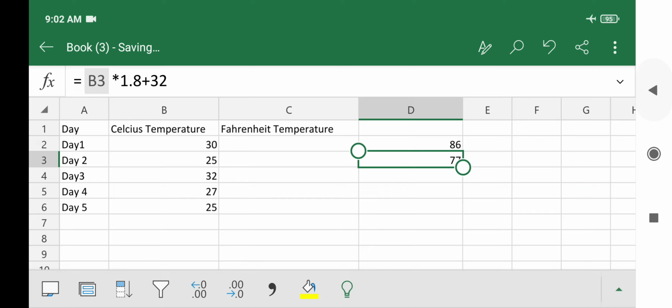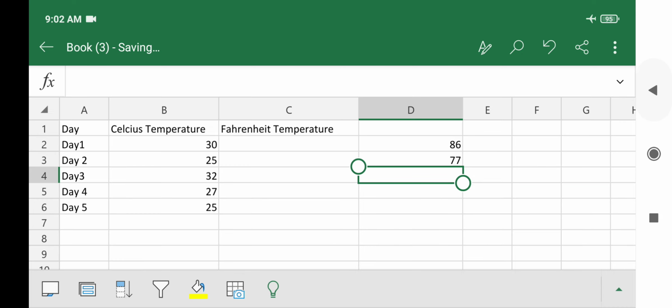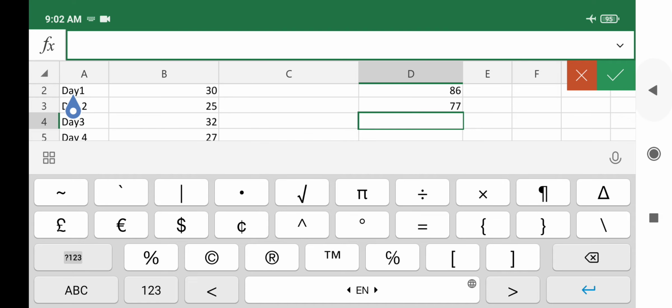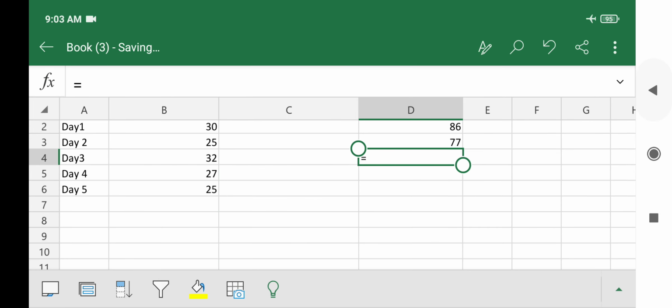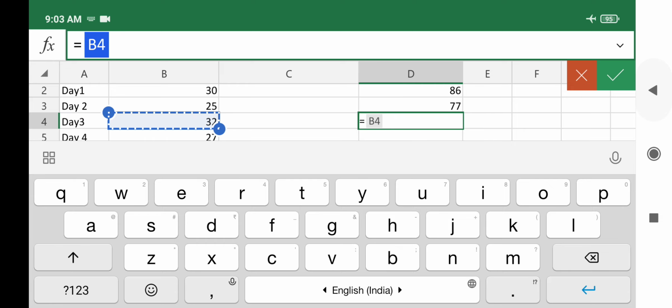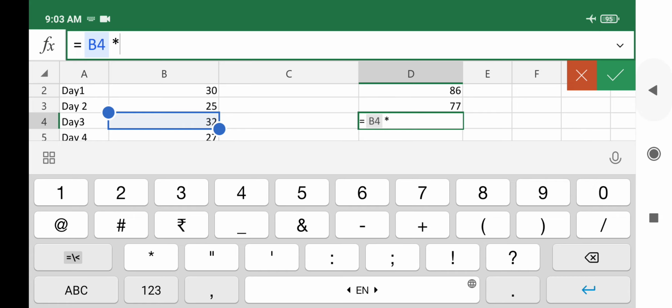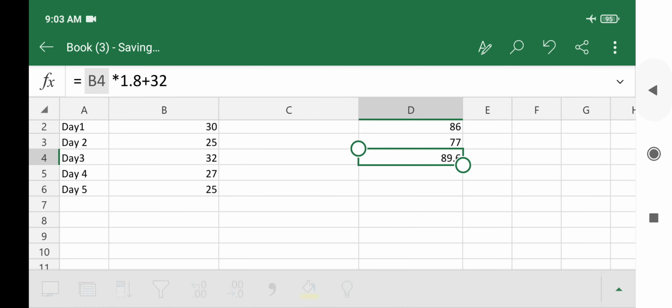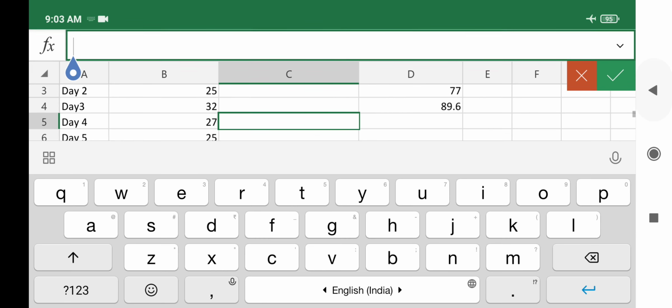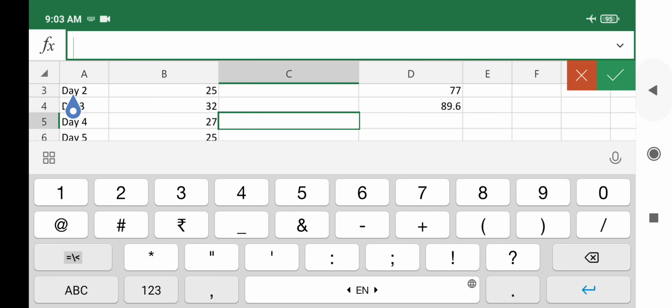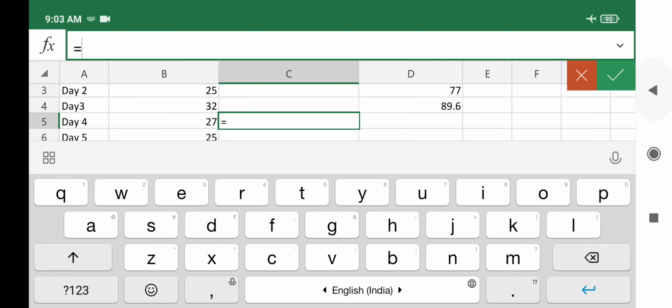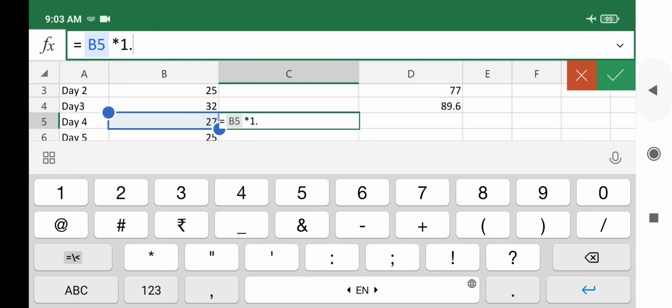Then we get 77. The next one also in this way: equals to, select the cell, multiplication, 1.8, then plus 32. Same repetition of the formula. I hope you remember this formula by now, after how many times you have done this.